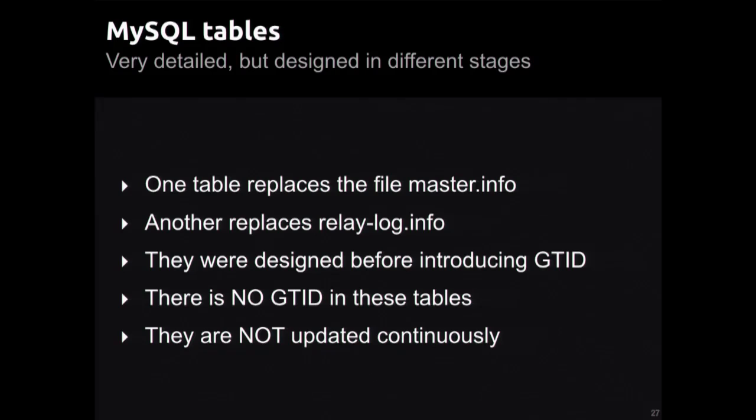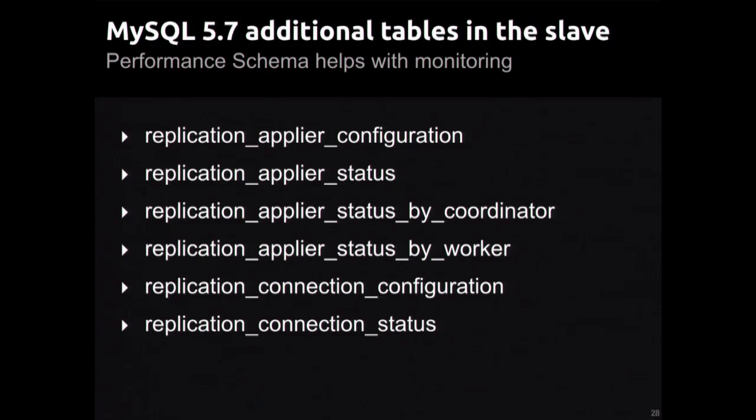But as I mentioned before, these tables were not created with GTID in mind. So what do we have in performance schema? We have several tables that combined should have all the information contained in show slave status. We have everything except the executed GTID.